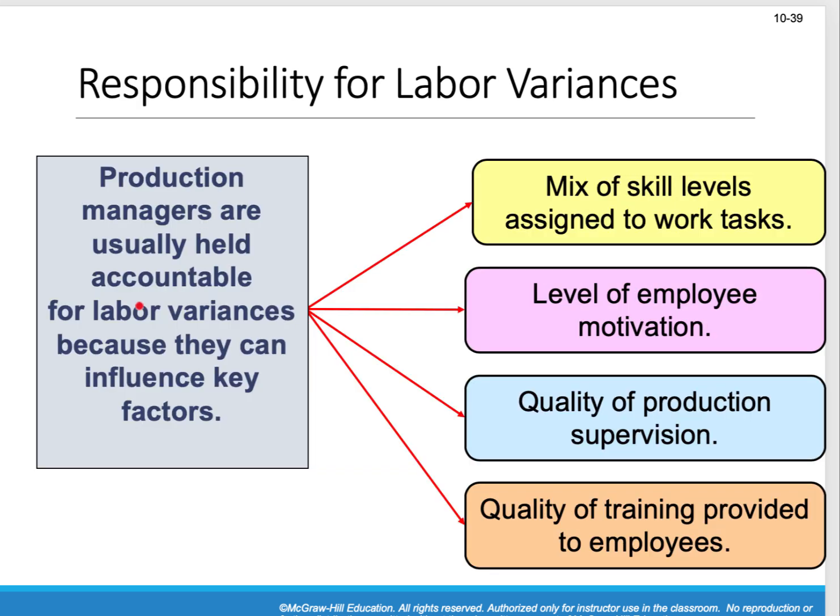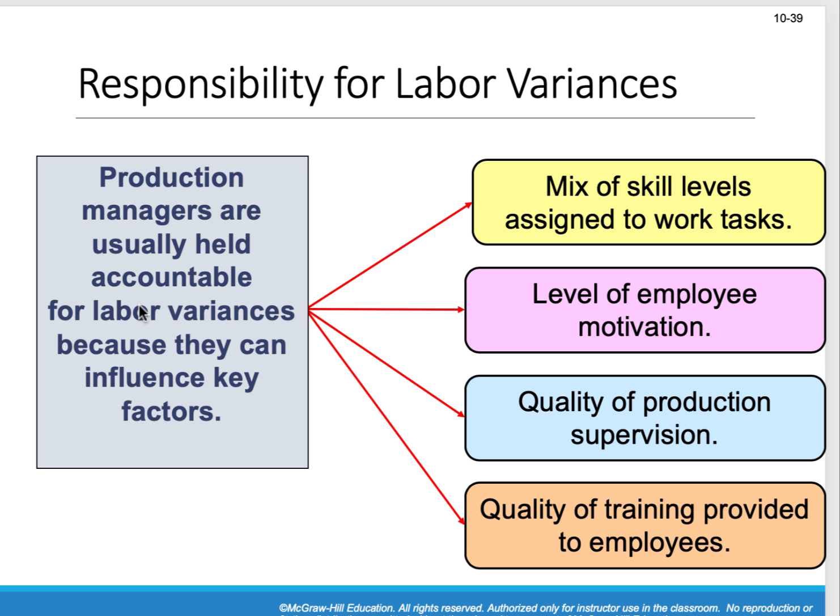So who's responsible for the labor variances? Well, it's usually the production manager, right? Because the production manager is in charge of the labor variances, because that person really influences all those factors. If we pay too much or if we use too many hours, why?